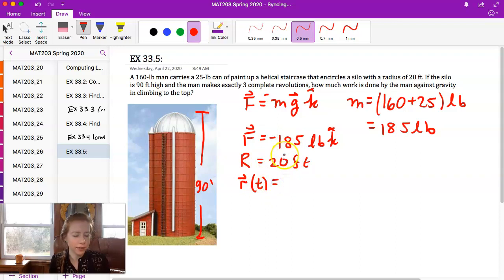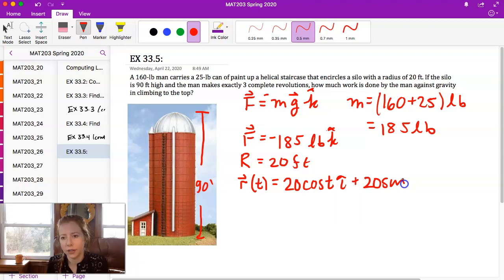We did a helix example earlier this lecture. So our parameterization is going to be our radius cosine t, for example, in the i hat direction. This isn't the only answer here, but just make sure your time interval works out. Plus 20 sine t for the j hat component.